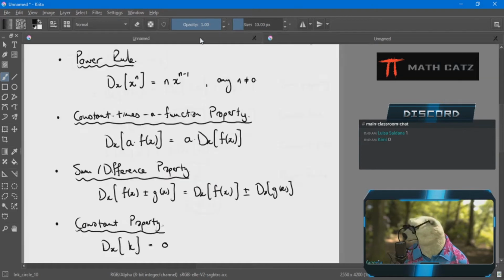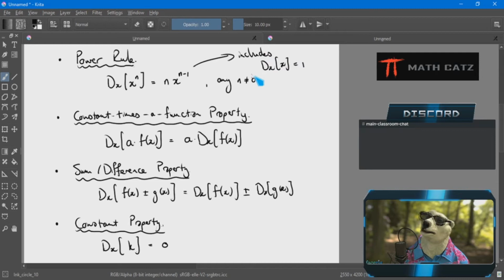Now, admittedly, I will be the first to admit that this includes the derivative of x, which we've now figured out is 1. But I can't help myself, and I see this as another property. That's how I remember it. Because it looks different. I don't see the power as an answer that doesn't have an X in it.